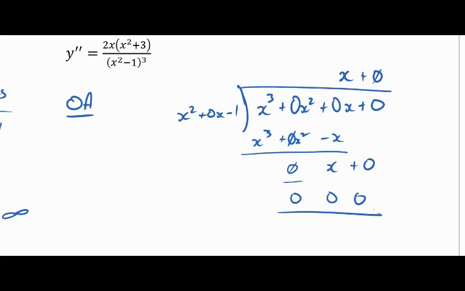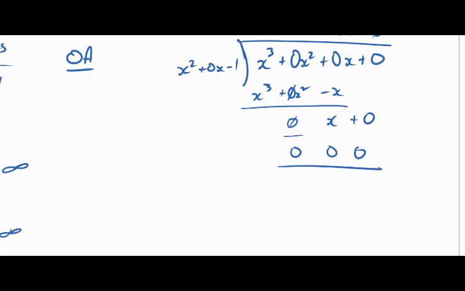I'm lying. Because when I do that, I get x minus 0 is x, so I do have to finish that because that's part of our remainder. It doesn't divide evenly. If it did, then this whole thing would look really different. Okay, so this is just x, but now I'm done.